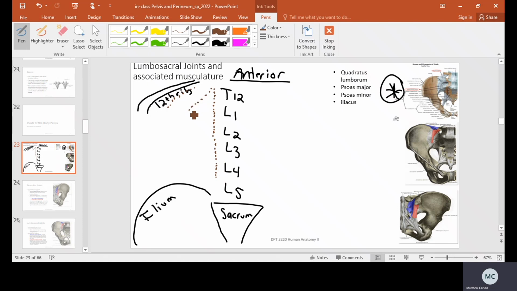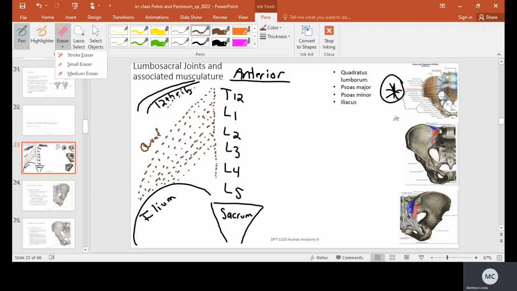And it's going to then come out to the iliac crest, iliolumbar ligament, and it forms this nice square-shaped muscle. So this is going to be quadratus lumborum. Ooh, that was really bad. I can't draw right sideways at all.